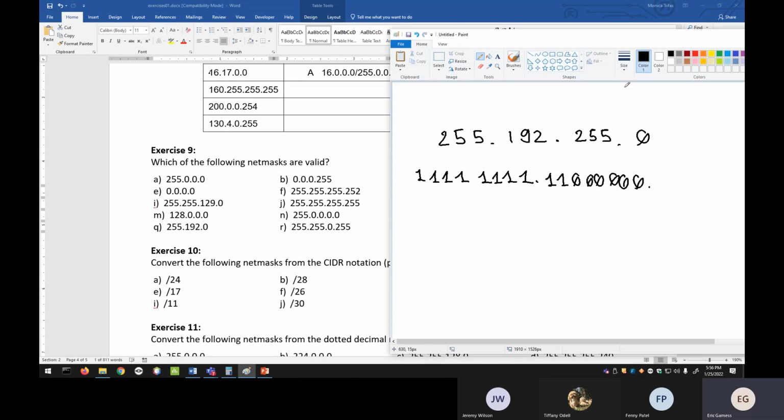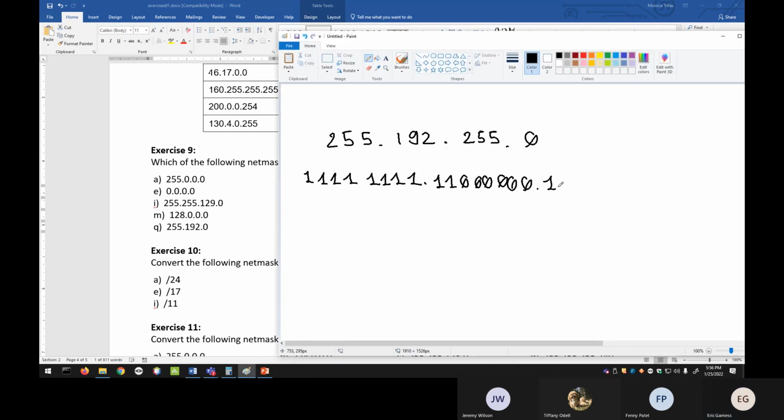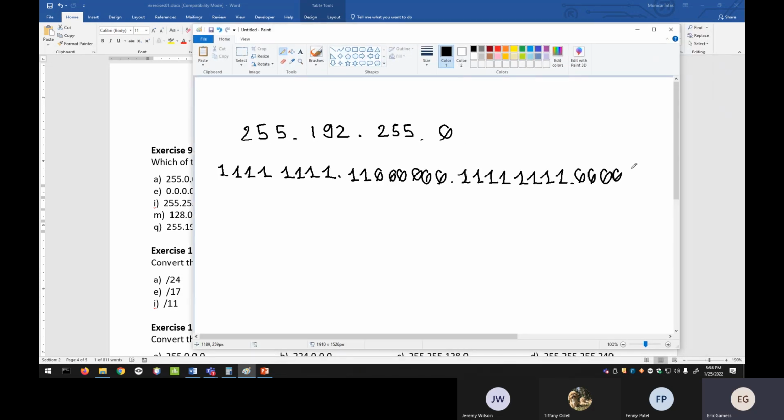Then it will be 8 1 and 8 0. So as you can see, we don't have a series of 1 followed by a series of 0.